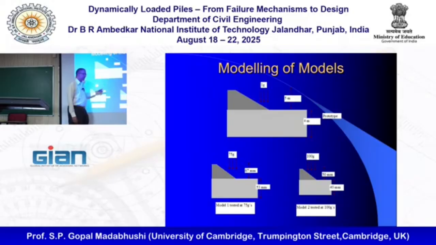Agreed? So this 75 G one, if my scaling law is right, should settle more so that when I multiply the settlement number by 75, I'll get the same 200 millimeters, right? So this one will show you more settlement. Agreed?